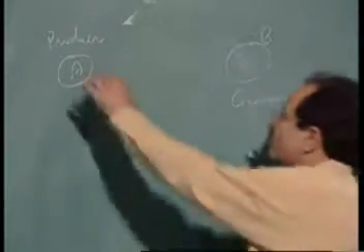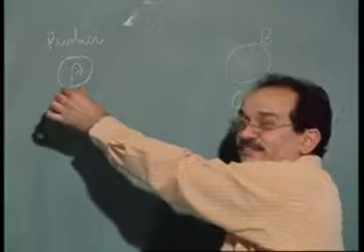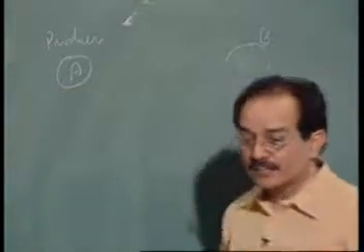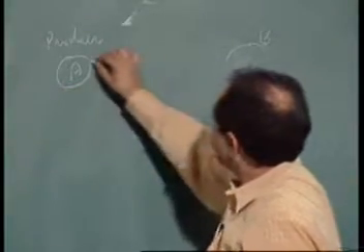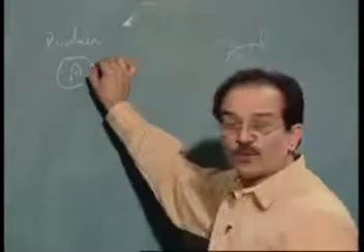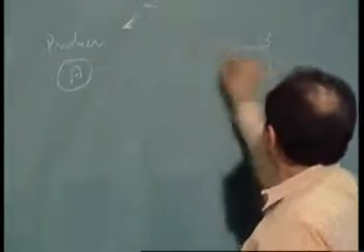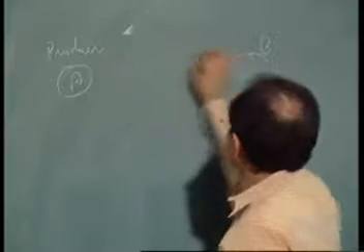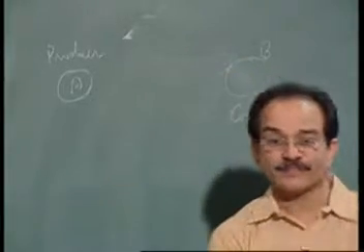Now, how can we correlate? Let us say this particular process A is producing some things. Now, it cannot produce more till the time this particular thing is consumed by the consumer.